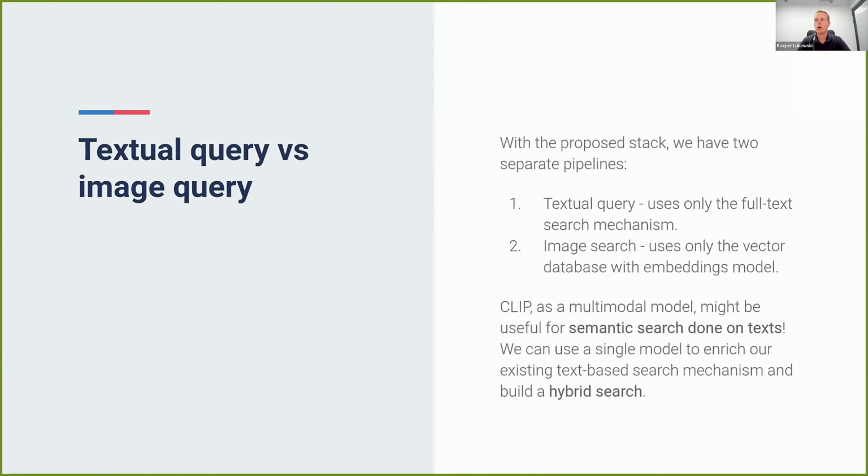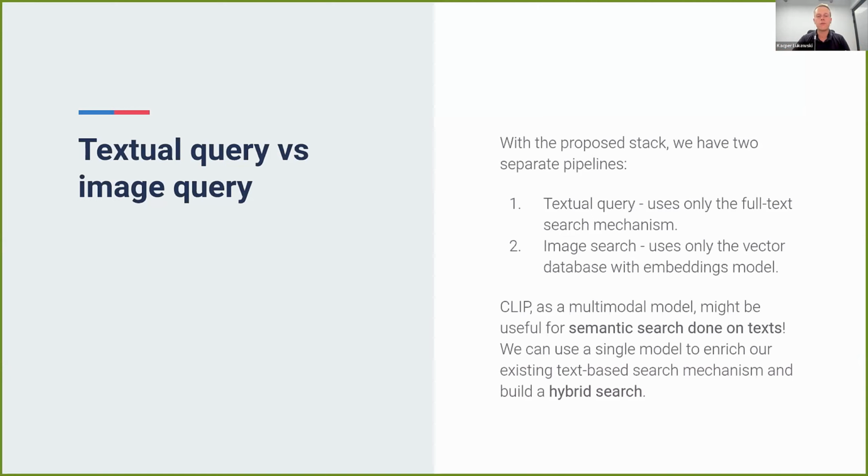But if your users tend to provide longer queries, so-called long tail queries, then full text search may struggle with finding relevant items because it has no idea which words are more important. So in such a scenario, you would prefer to run semantic search over your queries. So this is one of the strategies: use full text search for shorter queries and increase the importance of semantic search for the longer queries.